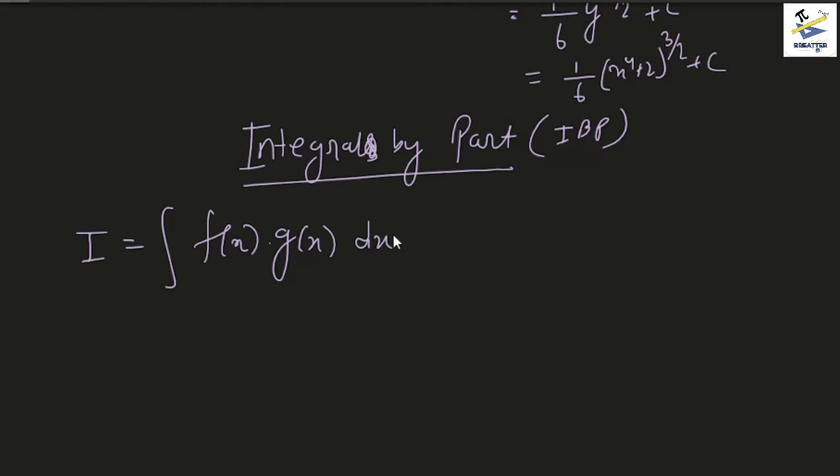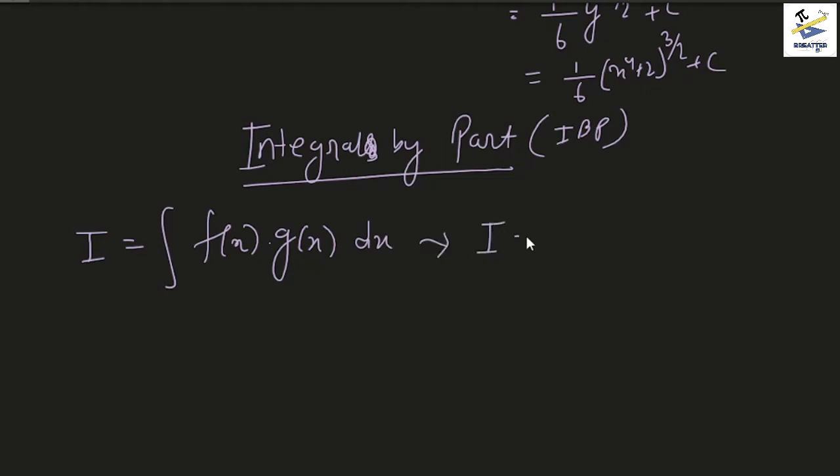What we do here is we try to name or label the functions as function 1 or function 2, and once we do that, we can have an easier rule to find out the integral in terms of another integral, which might be easier to solve. So as with derivatives, it does not obviously give you a direct answer, but it rather gives you a newer integral which might be easier to solve, and we have a rule for it. The rule is something like this.